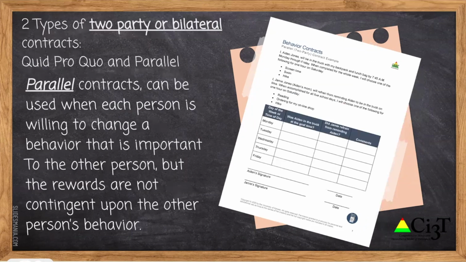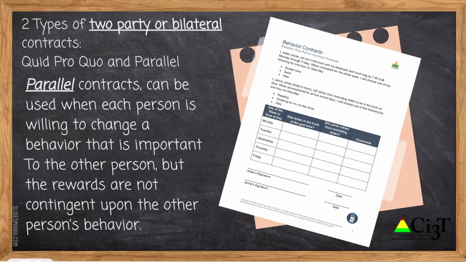Now, a parallel contract can be used when each person is willing to change a behavior that's important to the other person, but the rewards aren't contingent upon the other person's behavior. So, back to the same scenario, with a parallel contract, if he cleans his room, then on the weekend we'll go out for a drive or go to a movie or whatever's going to reward him.